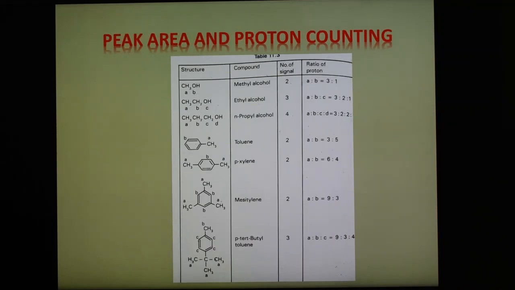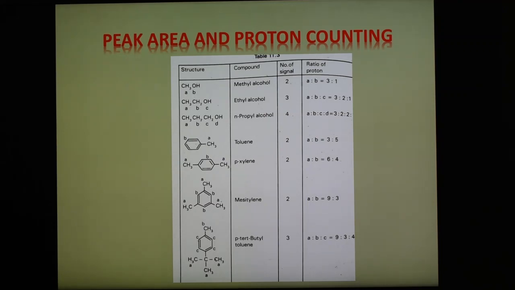Now we are going to see the intensities of signals, the third important part of the interpretation of NMR signals, which we can also call peak area and proton counting. Whenever a signal is observed, we have to find out the peak area or proton counting. It is observed, as a general quality of all NMR spectra, that the area under an NMR signal is directly proportional to the number of protons giving rise to the signal.